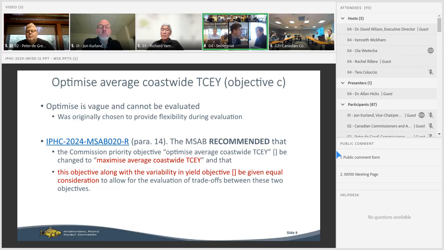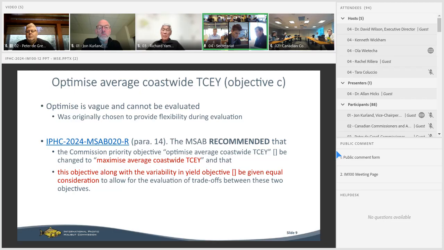Given the discussion that we had at MSAB 20, the MSAB made a recommendation that the commission priority objective, optimize average coastwide yield, or TCY, be changed to maximize average coastwide yield, and that this objective, along with the variability in yield objective, be given equal consideration to allow for the evaluation of those trade-offs.